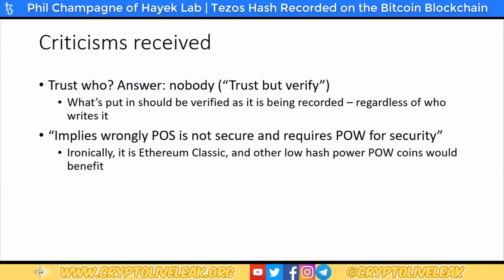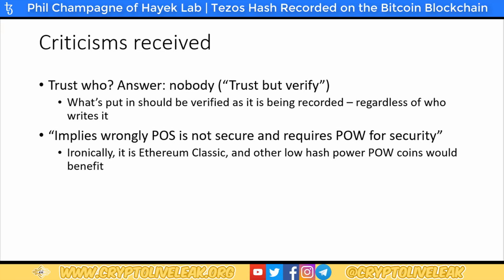I would appreciate everybody not only recording this, but verifying that the information is accurate, and reporting it if it was not. This step will provide that. Now the other thing I got was that it wrongly implies that proof of stake is not secure and requires proof of work for security.